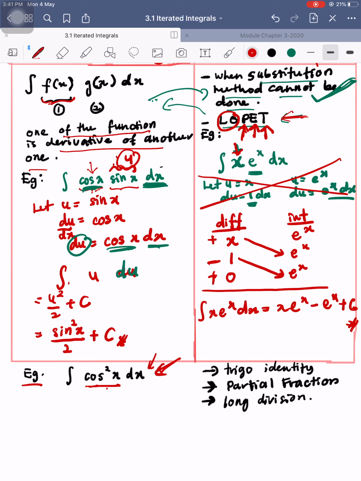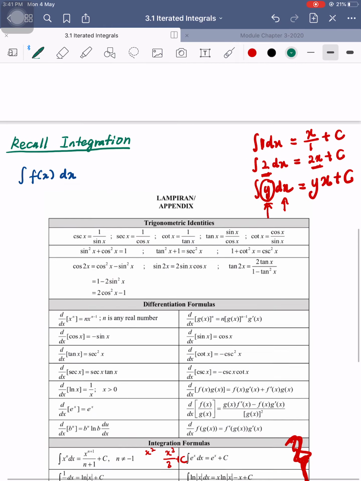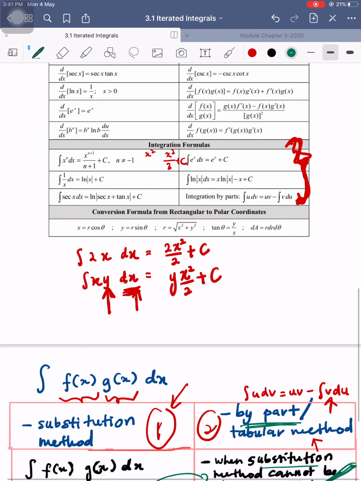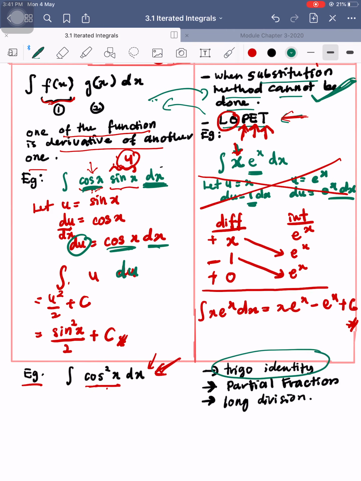You can change it using trigonometry identities. Just now it showed trigonometry identities, and you can choose from there. You rearrange cos squared x, and you will get 1 plus cos 2x over 2. We haven't integrated yet.